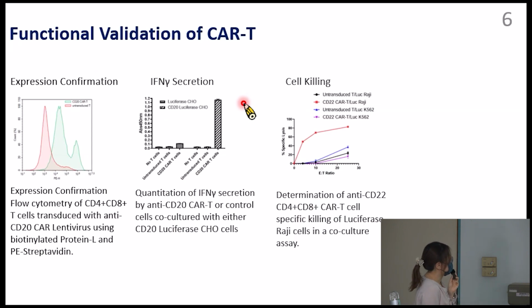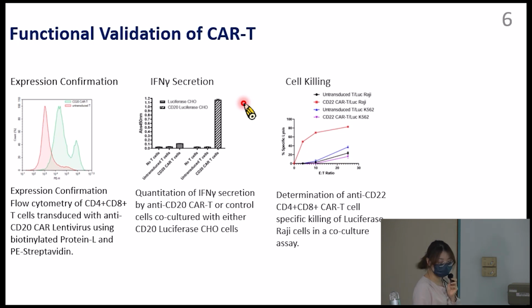So what do they do for validation of the CAR T cell? There are three different methods. First, they confirm the chimeric receptor expression on the T cell surface, using flow cytometry to detect it.